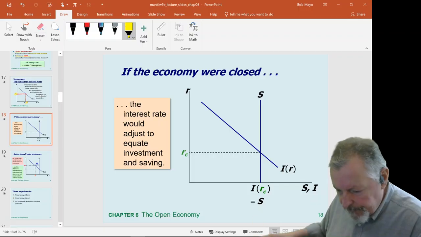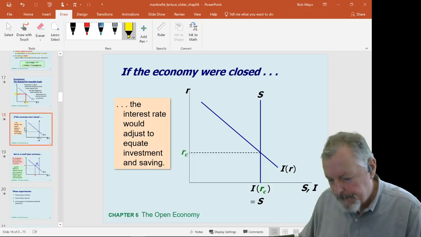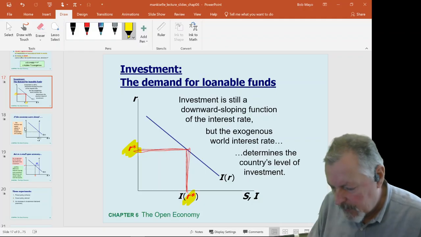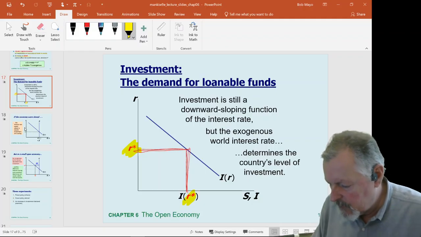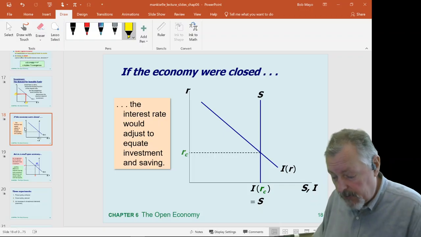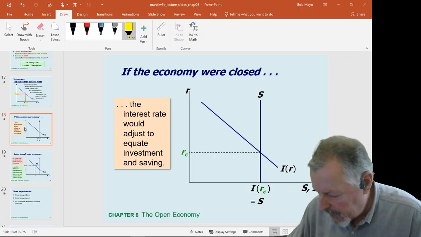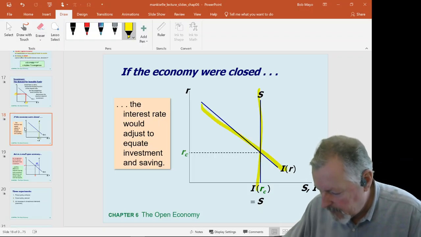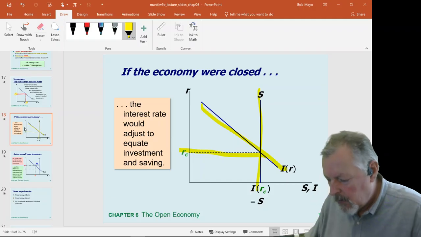Let's see. Now, if it's a closed economy, we have supply, demand, and an equilibrium price.